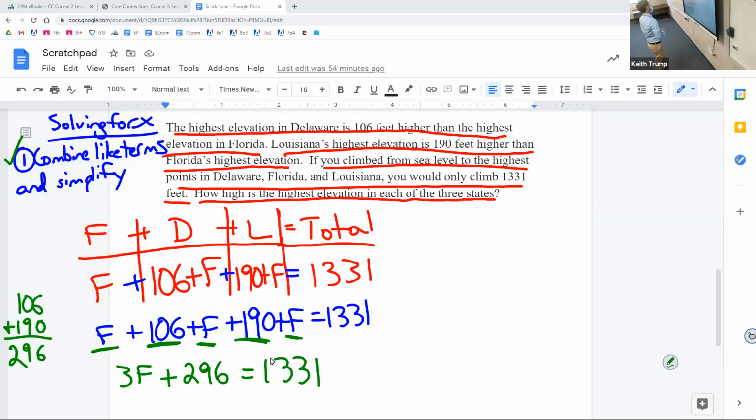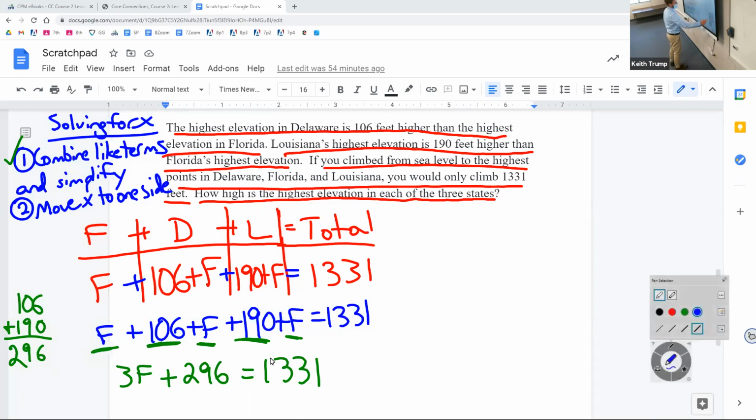Now, the next step in solving for x is move all x values to one side. Are all of the x values on one side, or in this case, the F values on one side? Yes, they're all already on the left side. So that step is already done.